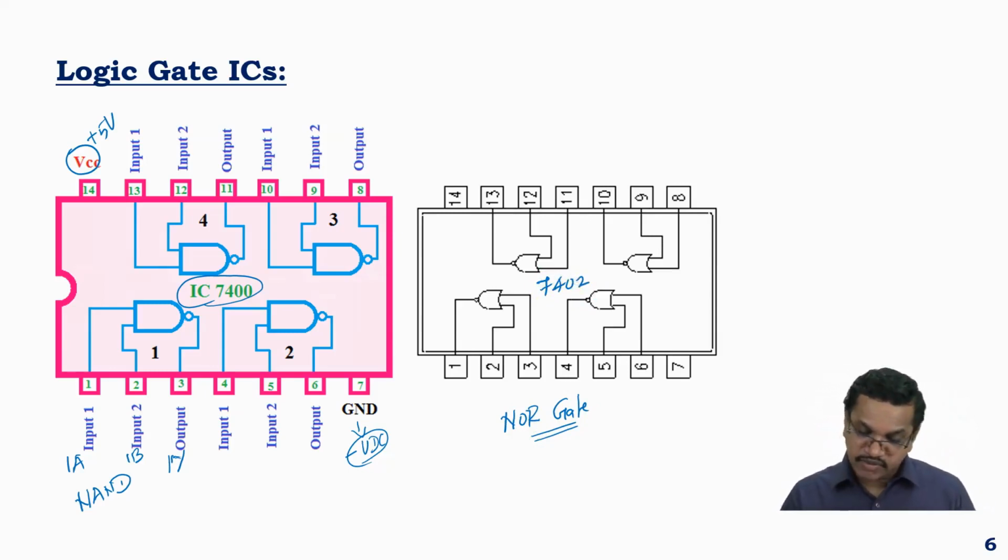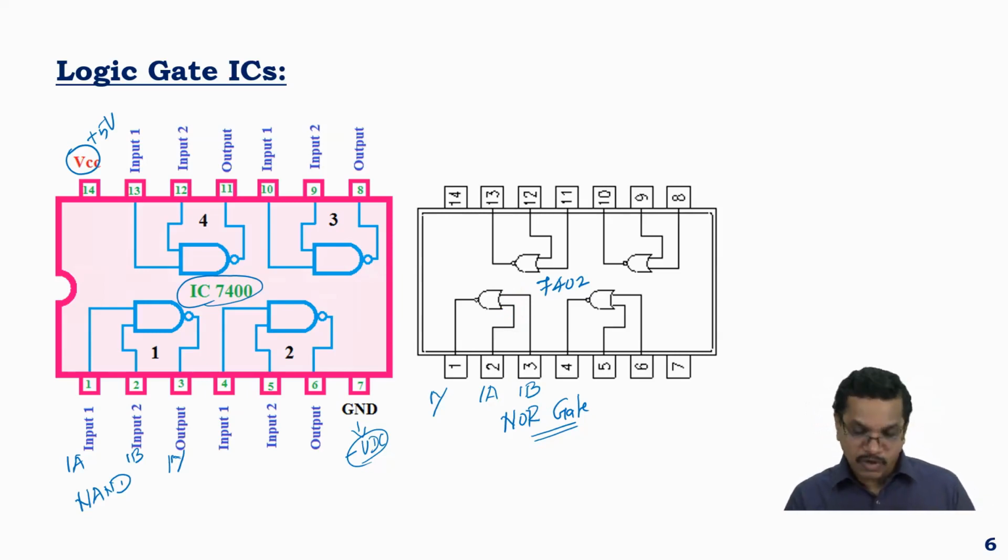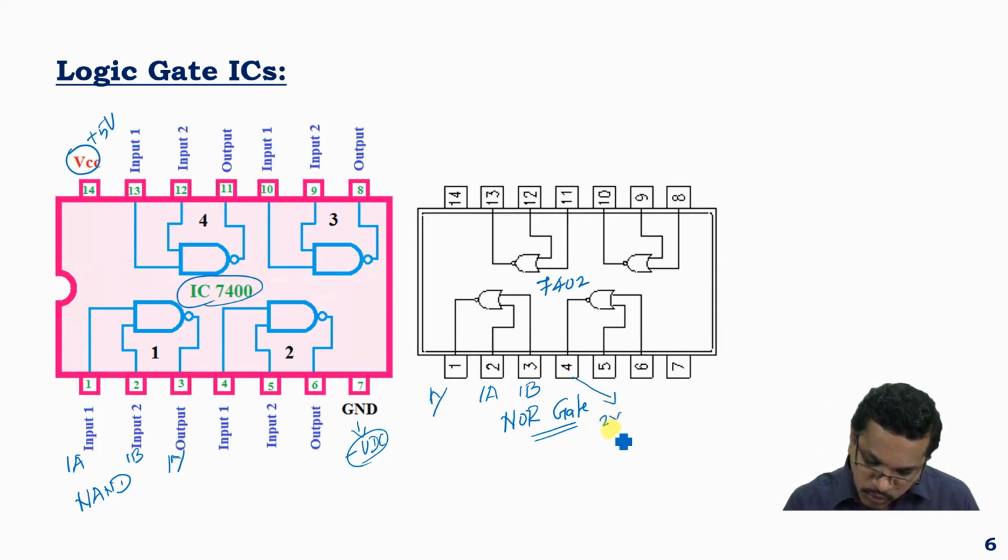This alone you need to be careful, because in the pin configuration the output will be the first terminal, whereas the other two will be the inputs. 1A, 1B will be the input to the NOR gate. 1Y will be the output, which will be the first pin of the IC 7402. Similarly, fourth pin will be the second output. I will indicate this as 2Y, and then I'll have 2A, 2B.